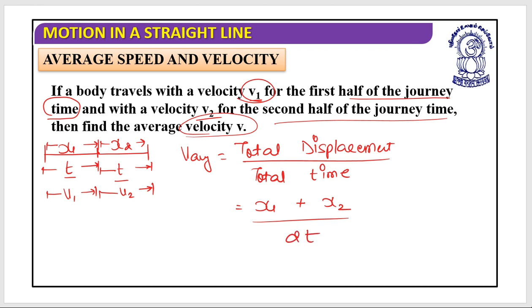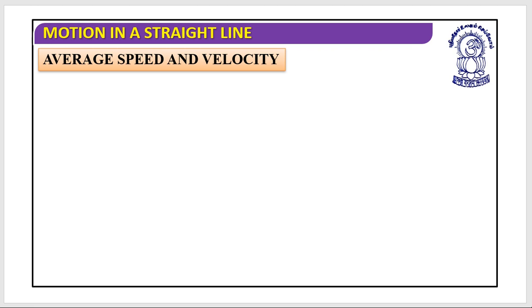Now we require our answer in v1 and v2, because we have not been given x1 and x2. So I need to convert x1 and x2 in terms of the velocity. How could I do this? Let's look. So v average is equal to x1 plus x2 divided by 2t.